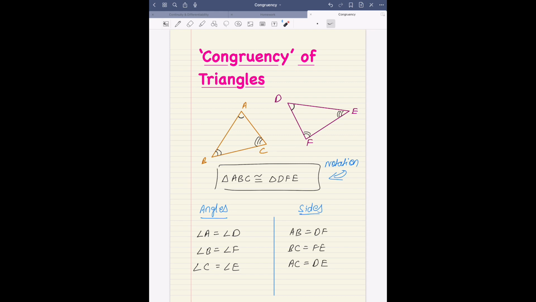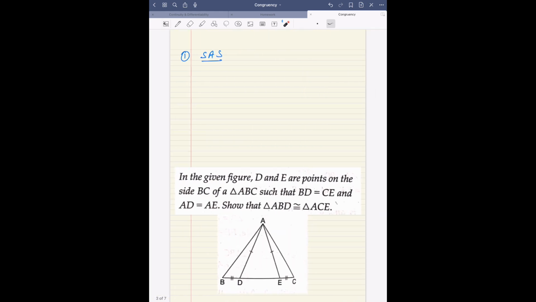Let's start with the first one. The first criterion is called SAS. What does SAS mean? SAS simply means a side, its included angle, and the other side.